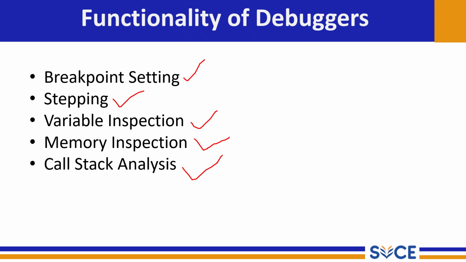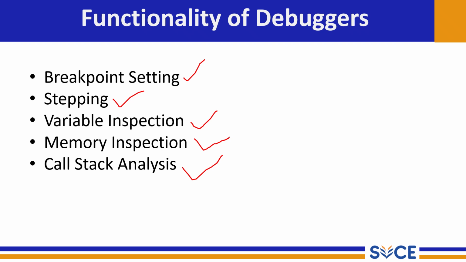Second, stepping allows the user to execute the code one instruction or line at a time. Third, variable inspection allows the user to examine the values of variables and registers during the execution. The next one, memory inspection, allows the user to view the contents of memory locations.